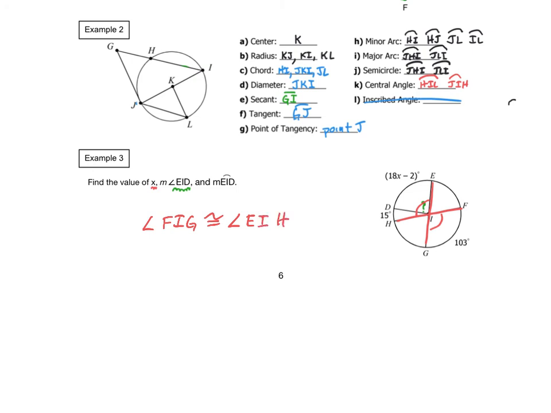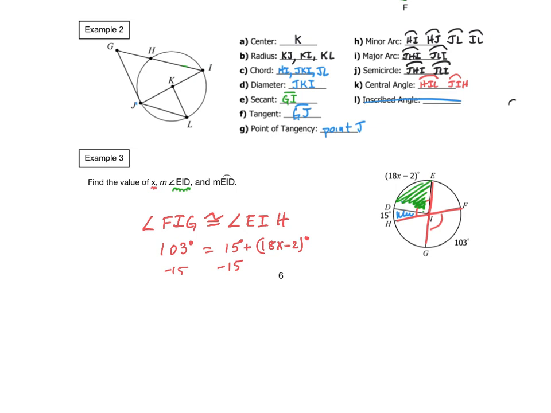So I know that FIG is 103 degrees, and I know that I have to add two angles together here. I have this angle plus this angle, and I will end up having then 15 degrees plus 18x minus 2 degrees. So let's start doing some inverse operations.